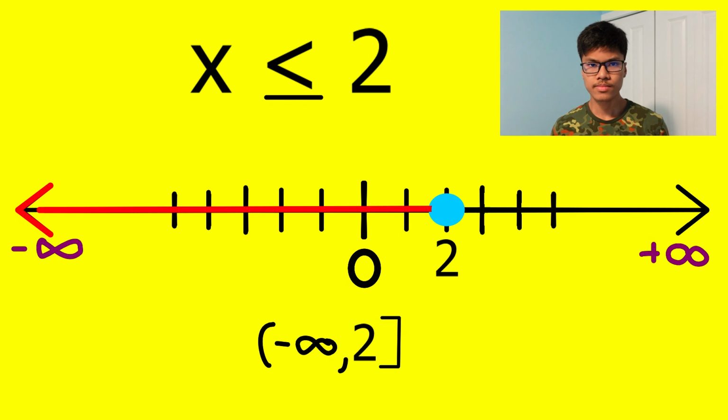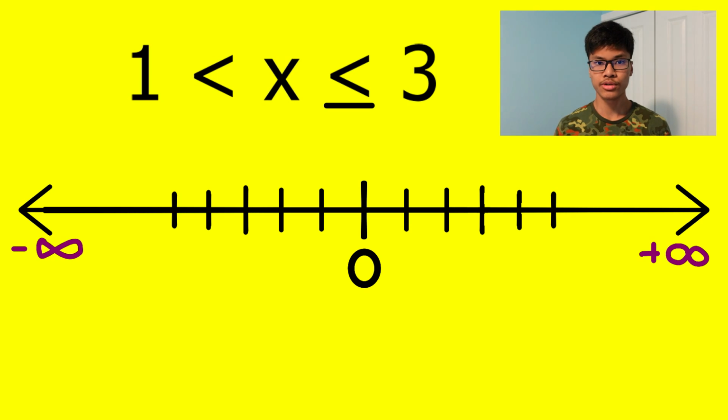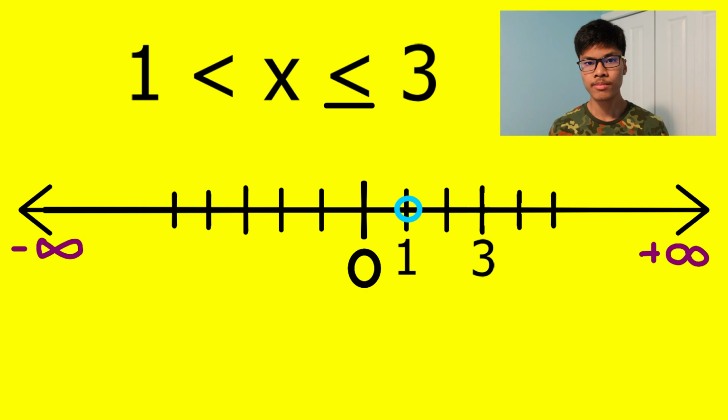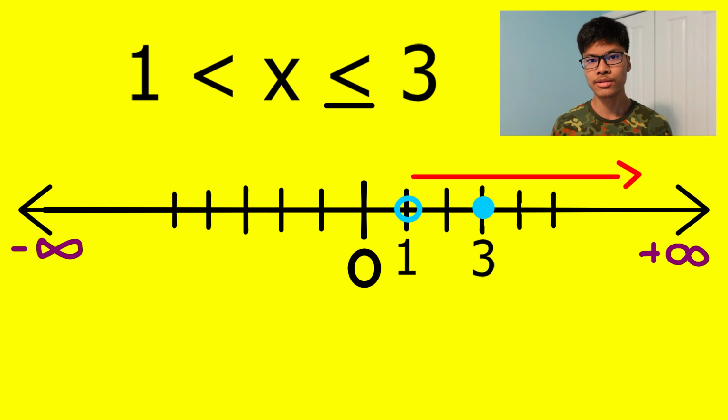Let's try this one. We have 1 is less than x, which is less than or equal to 3. So to show that, on the first part, we have 1 is less than x, so it will be an open circle. On the second part, we have x is less than or equal to 3, so it would be a closed circle. From the open circle on 1, we will shade all the way to the right side to show that any number that is above 1 is the value of x.